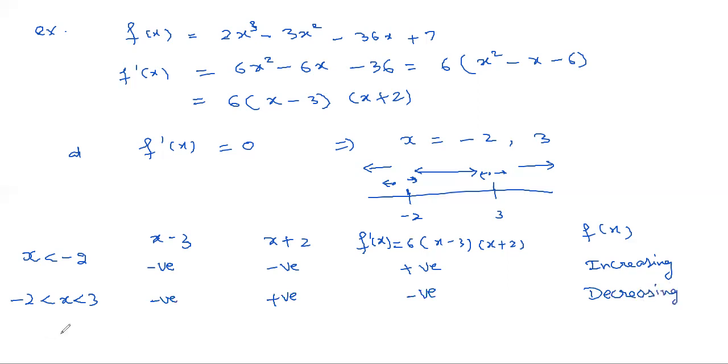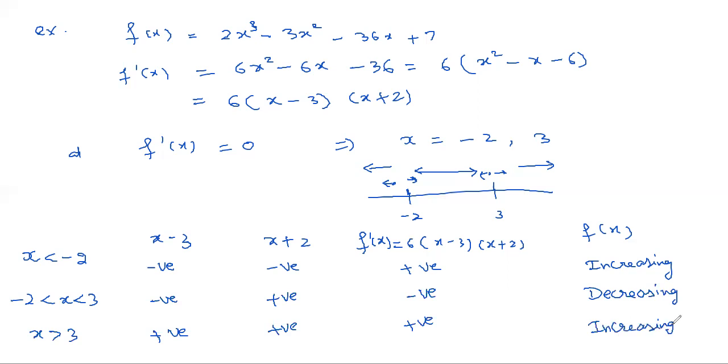For x greater than 3, x minus 3 is positive, x plus 2 is also positive. The product of two positive values is positive. It makes the derivative positive, so the function is an increasing function in this interval.